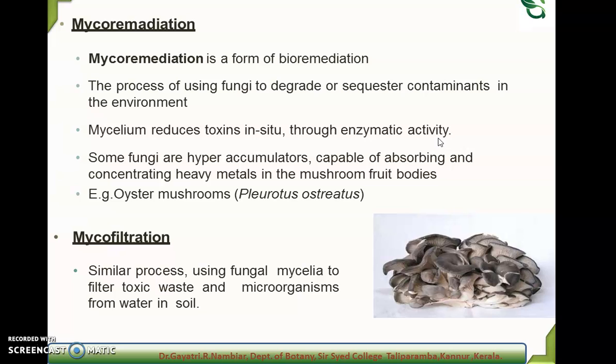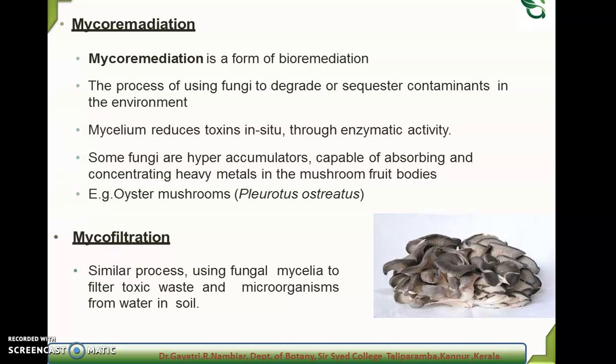Then mycoremediation. Mycoremediation is a form of bioremediation, the process of using fungi to degrade or sequester contaminants in the environment. The mycelium reduces toxins in situ through enzymatic activity, and some fungi are hyperaccumulators capable of absorbing and concentrating heavy metals in the mushroom fruiting bodies.